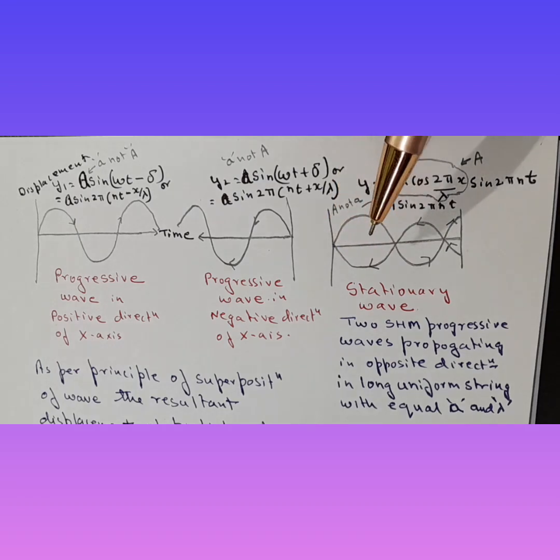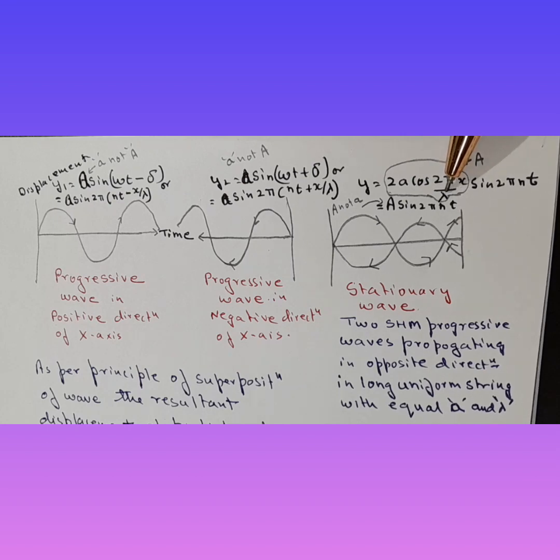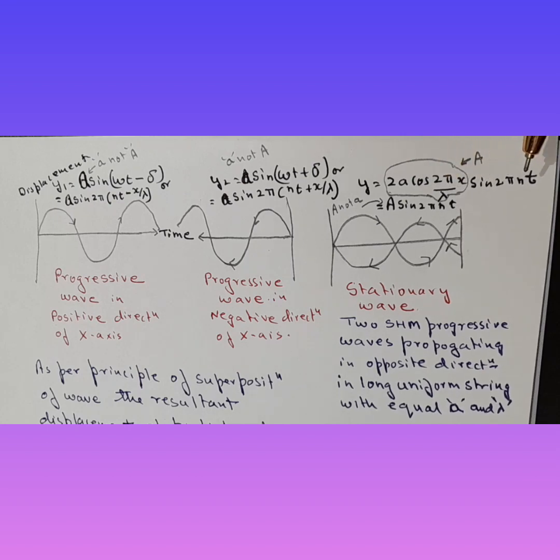So we are going to derive the equation for this. The equation would be 2a cos(2πx/λ) sin(2πnt), where the cos part we would use as the amplitude.